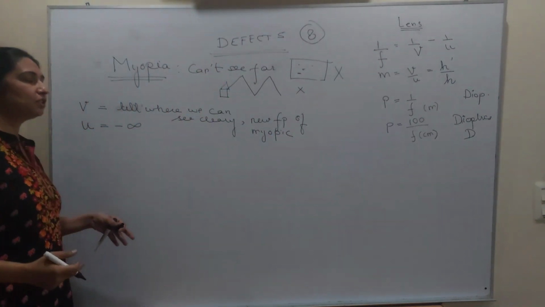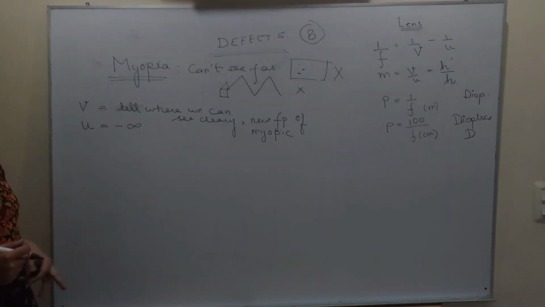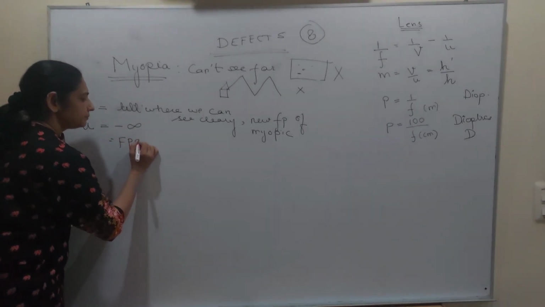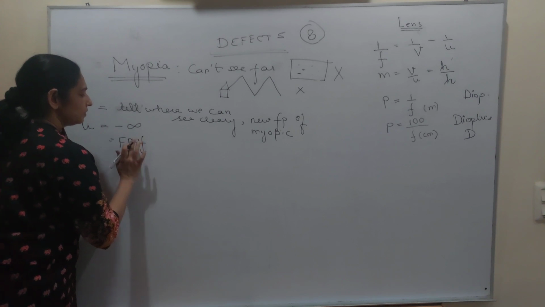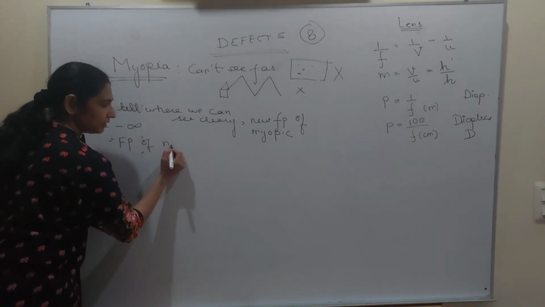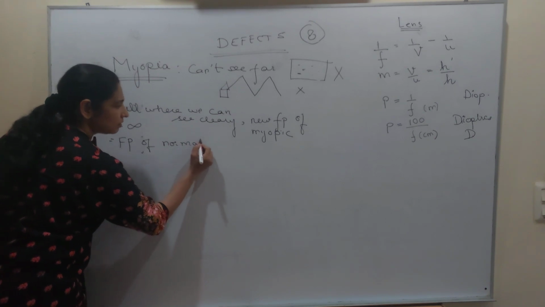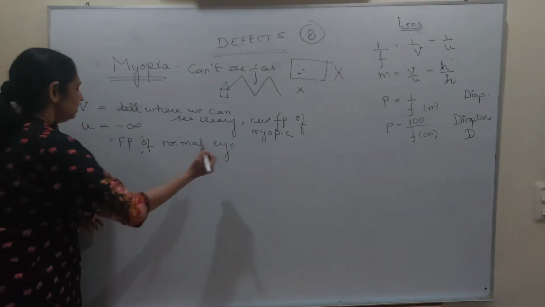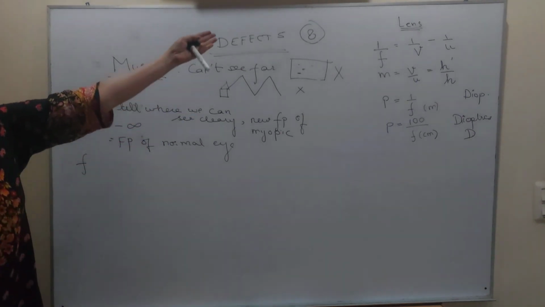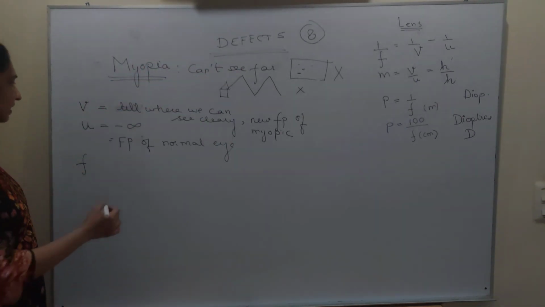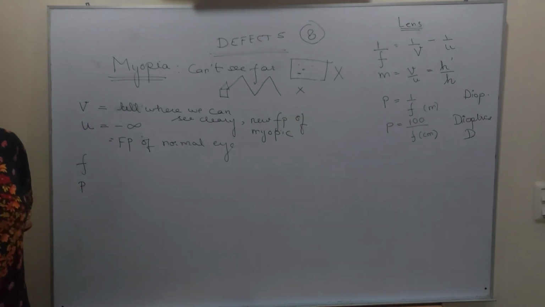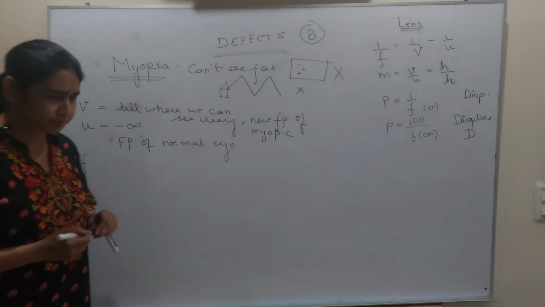Okay, in the explanation section, we'll do more about it. And u is nothing but the far point of the normal eye, right? Then we can calculate focal length. Simple formula. Just put the values and calculate from there. We can calculate power, and these are the only things that we need to really calculate.